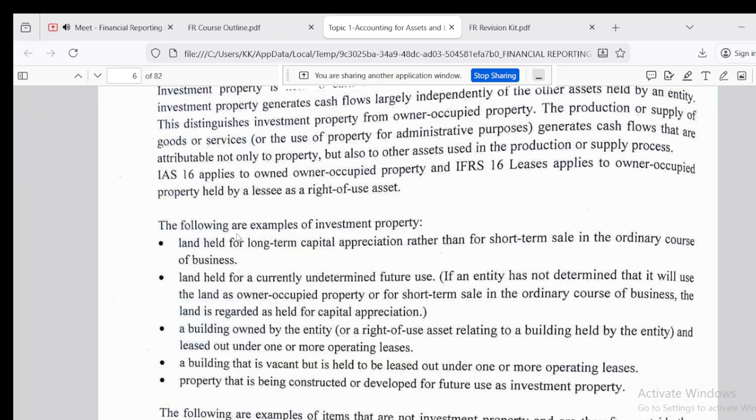So, upper those two have been split, like I'm seeing they are around 5. So they have been split so that they sum up to 5. Okay. Yes. So we have number one. Number one is land held for long-term capital appreciation.